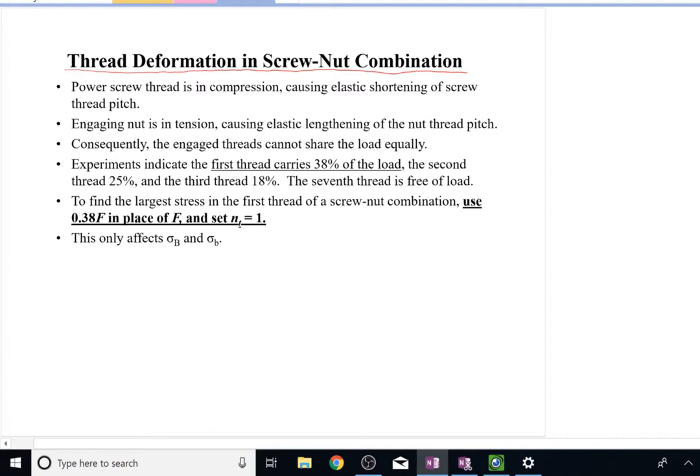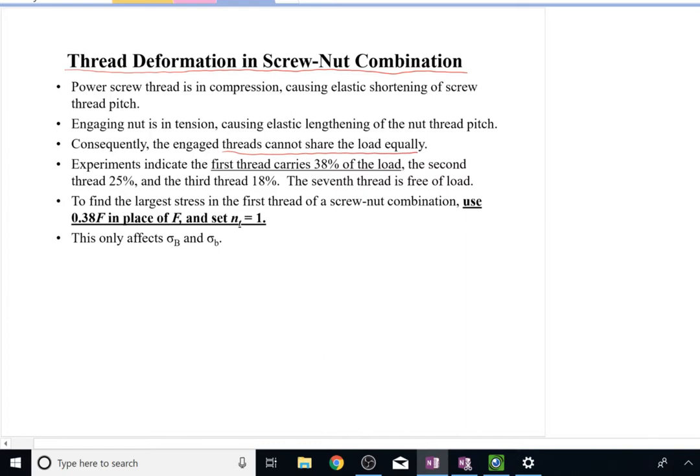Basically what's happening here is that as you load the power screw and the nut, the power screw is in compression, which causes it to shorten, and the nut is in tension, which causes it to lengthen, and consequently the threads do not share the load equally.